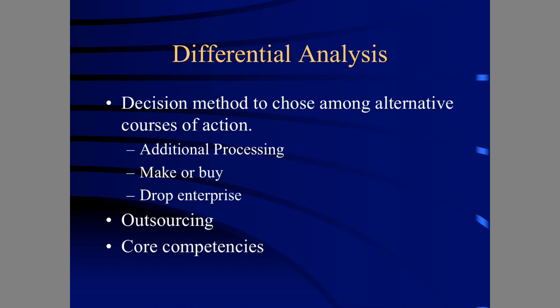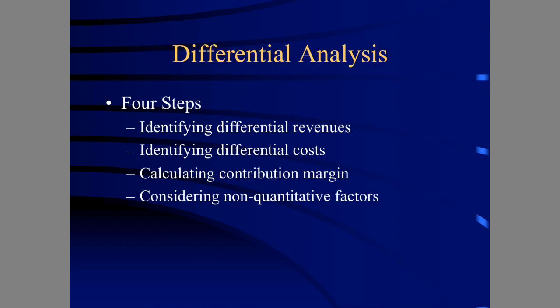And alternative courses of action is what additional processing will be needed to add on to this maybe new service or new third-party contract. What do we need to purchase in terms of expenses to make or buy, or should we just drop the service altogether? Is this a service maybe we should outsource to somebody else to do? And is it a core competency of our business plan?